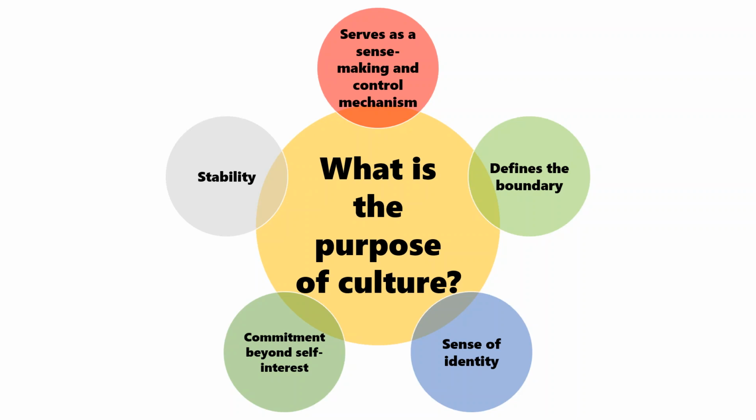There's a predictable way of meeting. And all of those things add a degree of stability to us as a team member. And of course, we all crave stability in some way, shape or form. And of course, the culture gives us that stability. So I think it's important for us just to understand why we have culture and what it does for a team. So those things are very important.